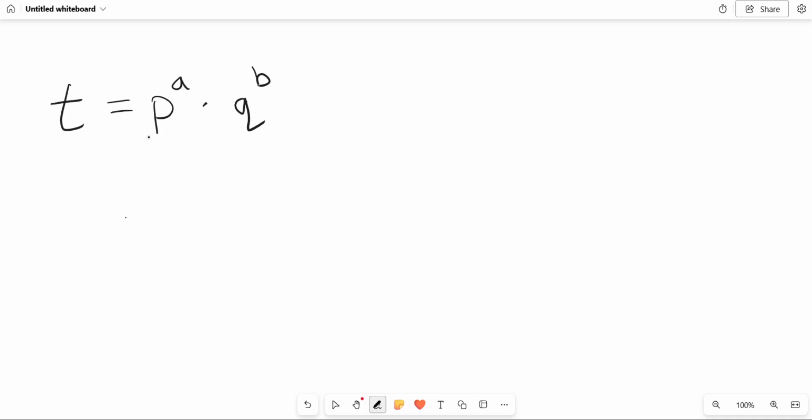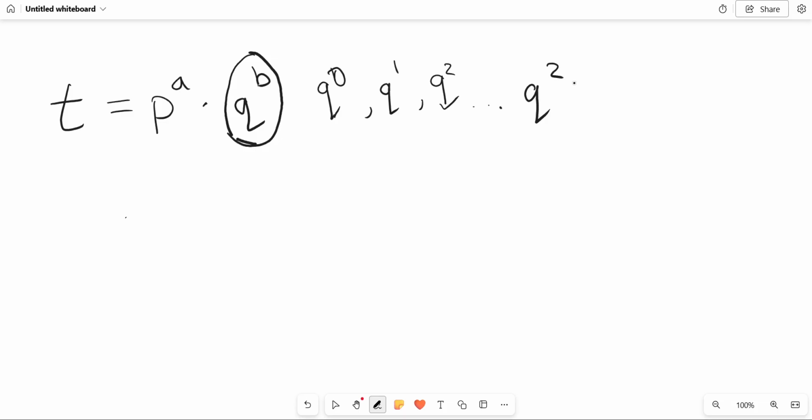All the possible numbers that can come from q to the b would be q to the 0, q to the 1, q to the 2, all the way up to q to the b. These are all the factors of q to the b, right?